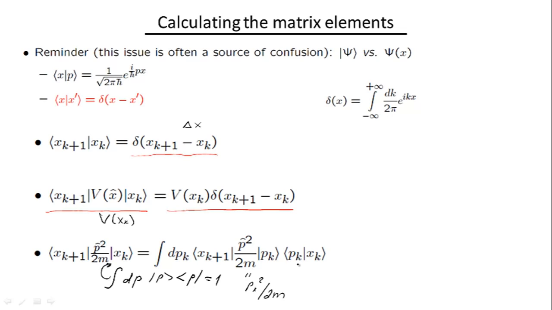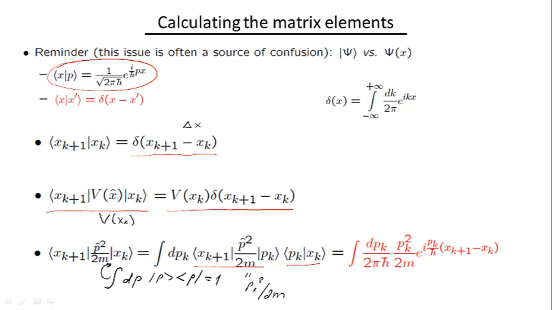The remaining matrix elements have to be compared with this expression for the plane wave, so these are simply plane waves. If we put everything together, we get the following result for the matrix element of the kinetic energy, which involves an integral over momentum. In this case, p sub k is the momentum.